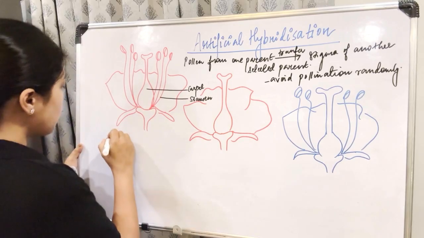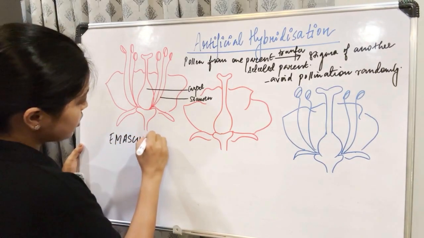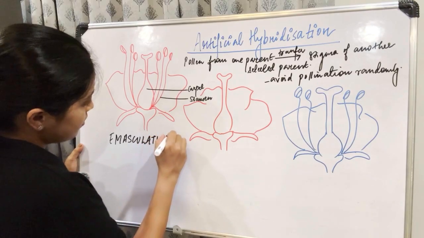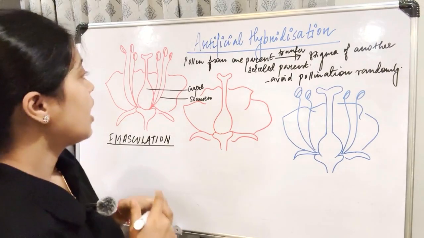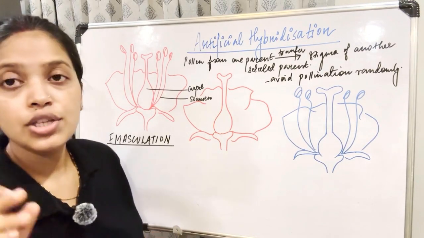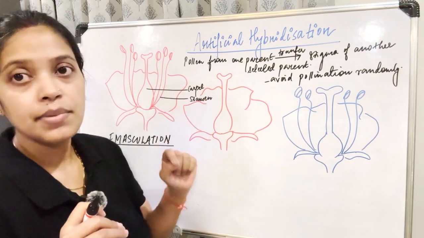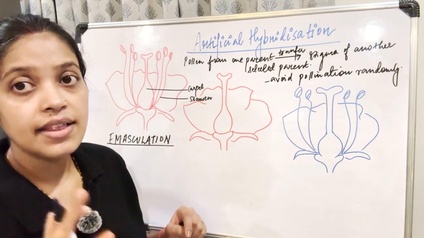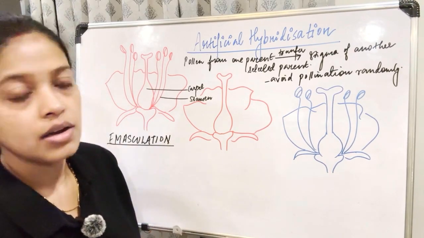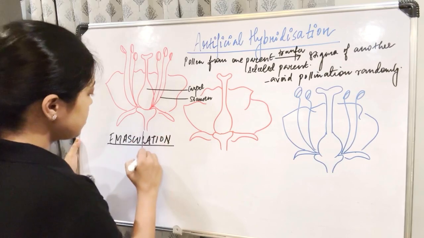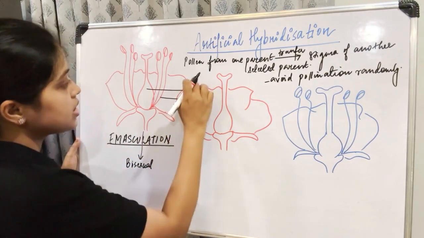The first one is called emasculation. Emasculation is the removal of stamen before anther dehiscence from a bisexual flower. A bisexual flower has both stamen and carpel.